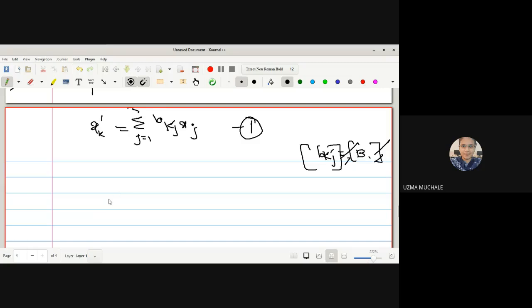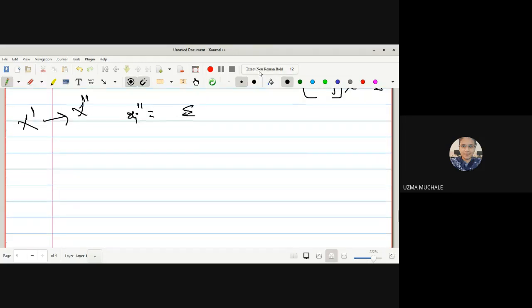Now let us consider one more transformation, from x dash to x double dash, which we can write as xi double dash equals summation over k from 1 to 3 of aik xk dash.